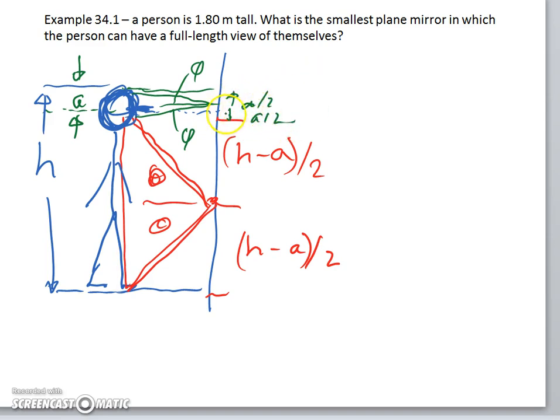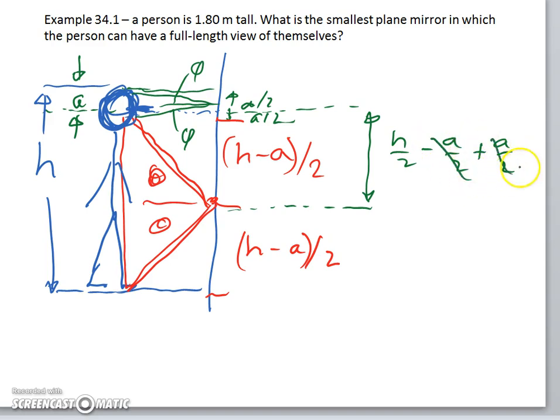So the total length of mirror necessary for somebody to see themselves in is h over 2 minus a over 2, which is just what's in red here, plus a over 2. So the a over 2's cancel, and for a person of height h, the minimum length of plane mirror that they could see themselves in would be h over 2.